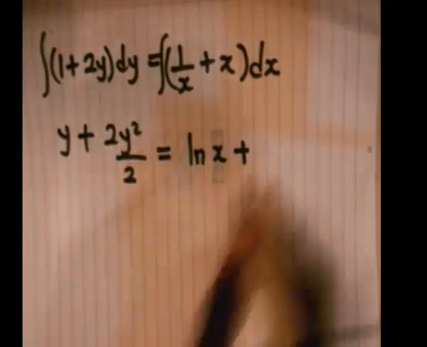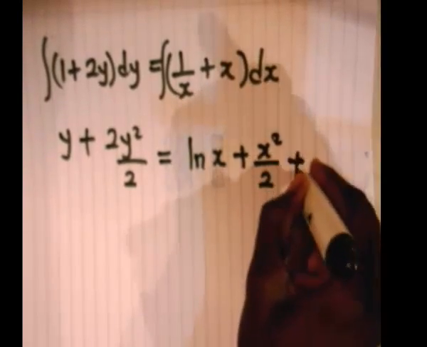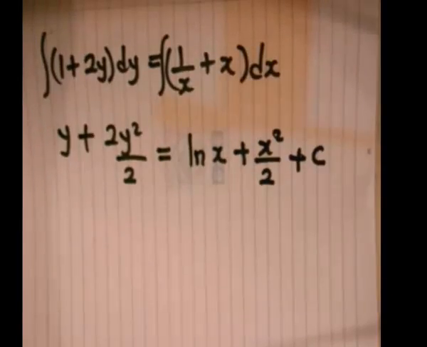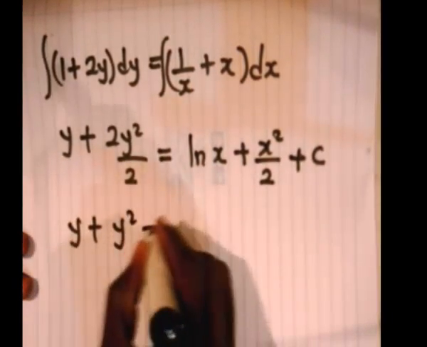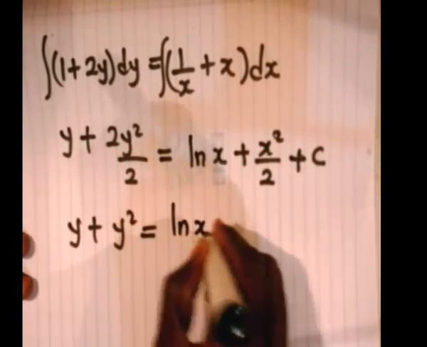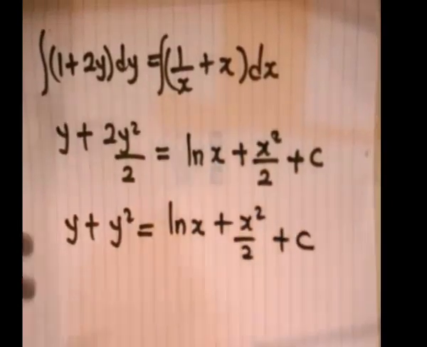The integral of x gives us x squared on 2, then plus c. Here we have y plus y squared equals ln x plus x squared on 2 plus c.